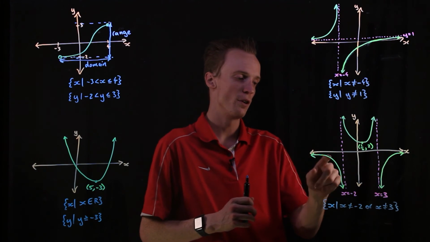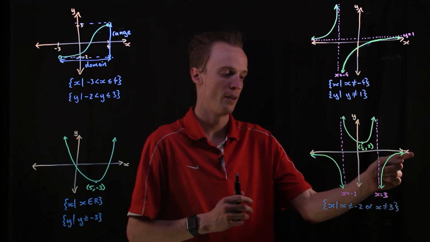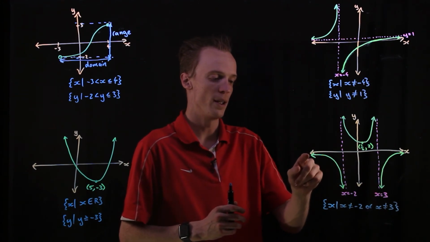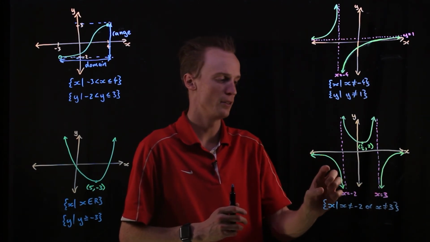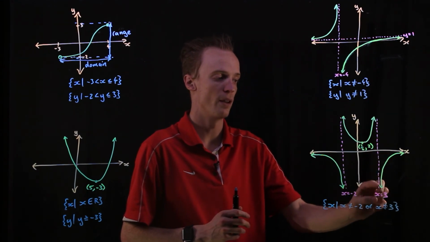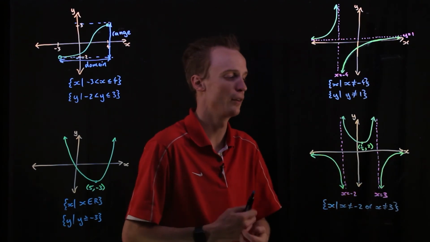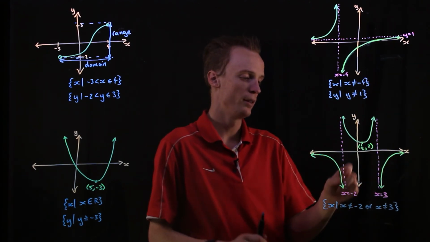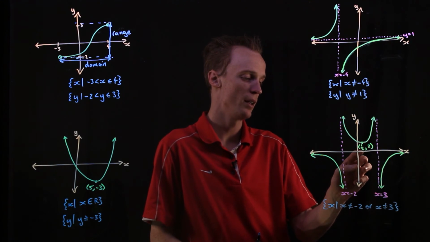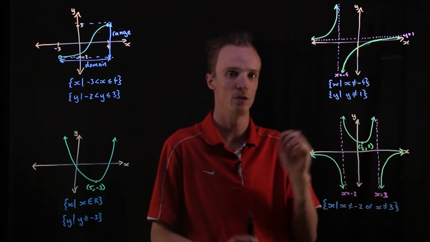Starting over here, we know that we've got a horizontal asymptote at the x-axis. So we know that y can be anything less than 0. Over here it's the same. y can be anything less than the horizontal axis, so the x-axis, so y can be anything less than 0. However, it can't exist between 0 and this point here, when y is equal to 2.